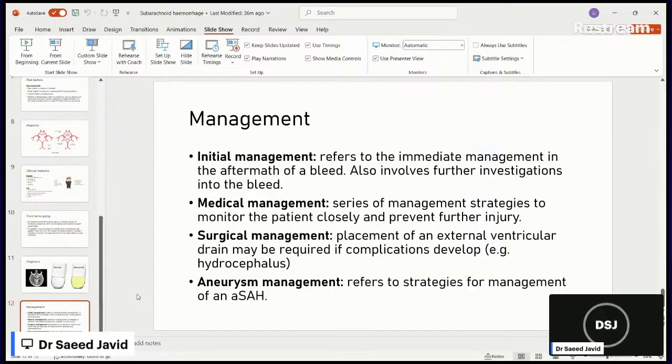IV fluids are really important. So you must commence IV fluids with strict input-output monitoring. And these patients really should be in a neuro ICU or a neuro HDU. Another thing is nimodipine. So typically we give nimodipine 60 milligrams every 4 hours for 21 days from the ictus of symptoms.